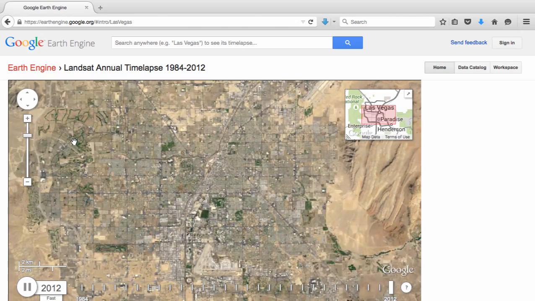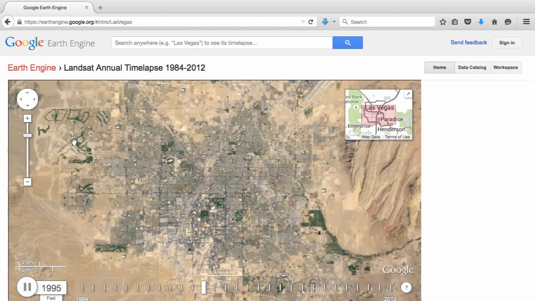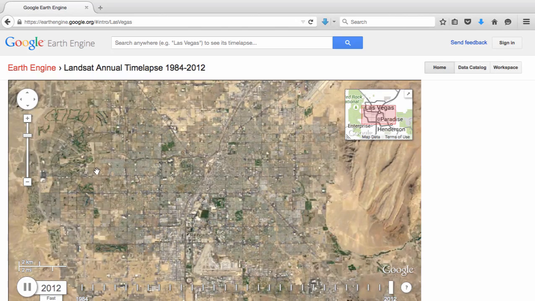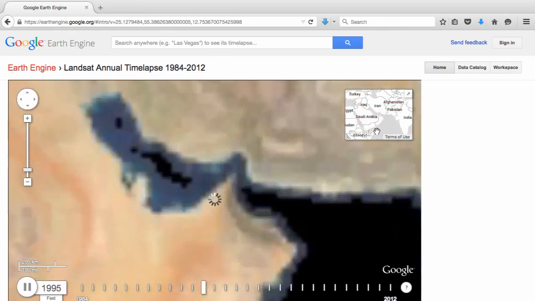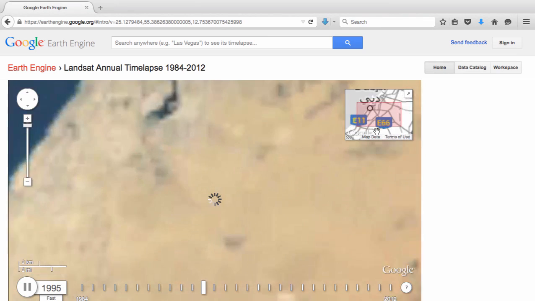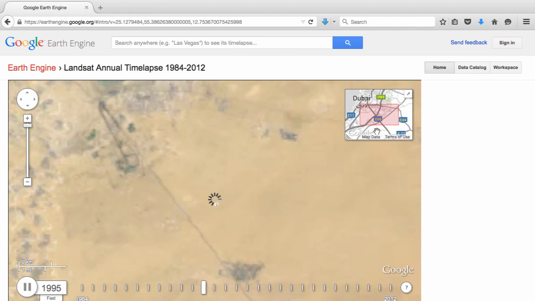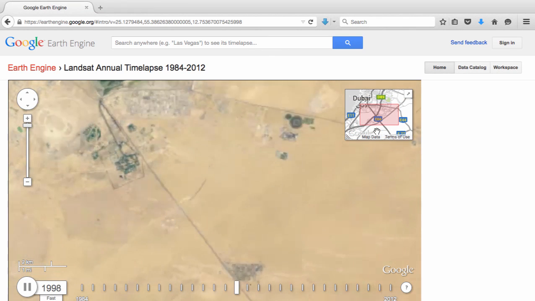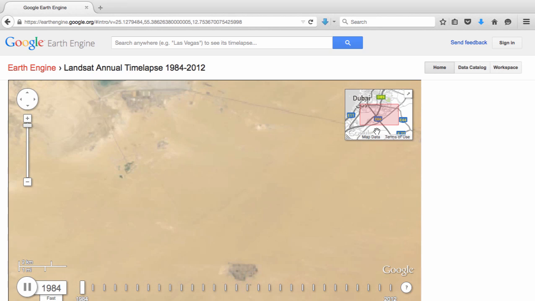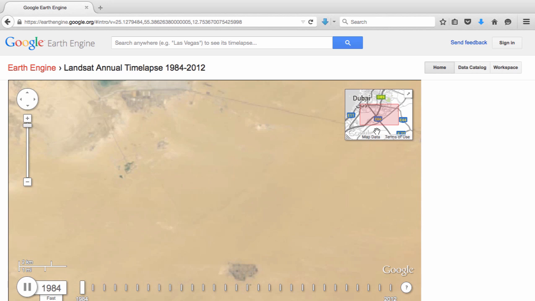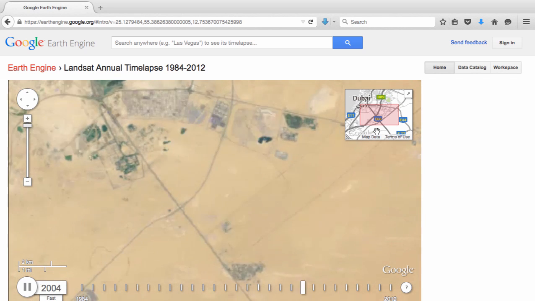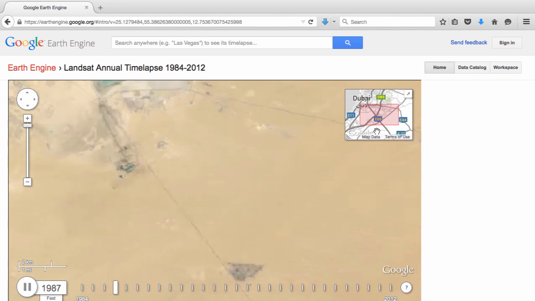And ask yourself, if it was desert before, where's the water coming from to irrigate these lawns and these golf courses? Meanwhile, in Dubai, you can see a dramatic change from practically empty desert to built up urban area.